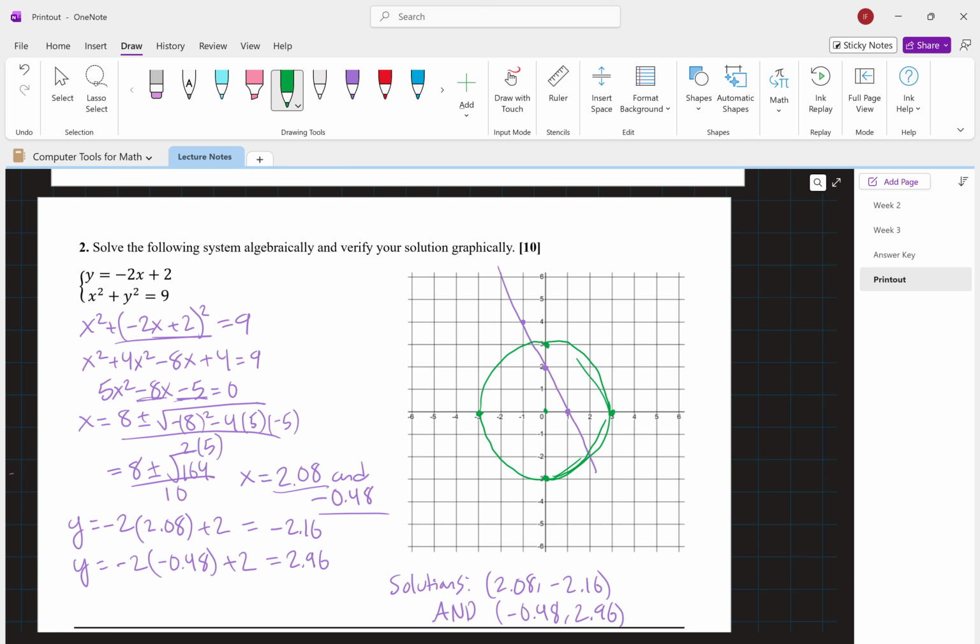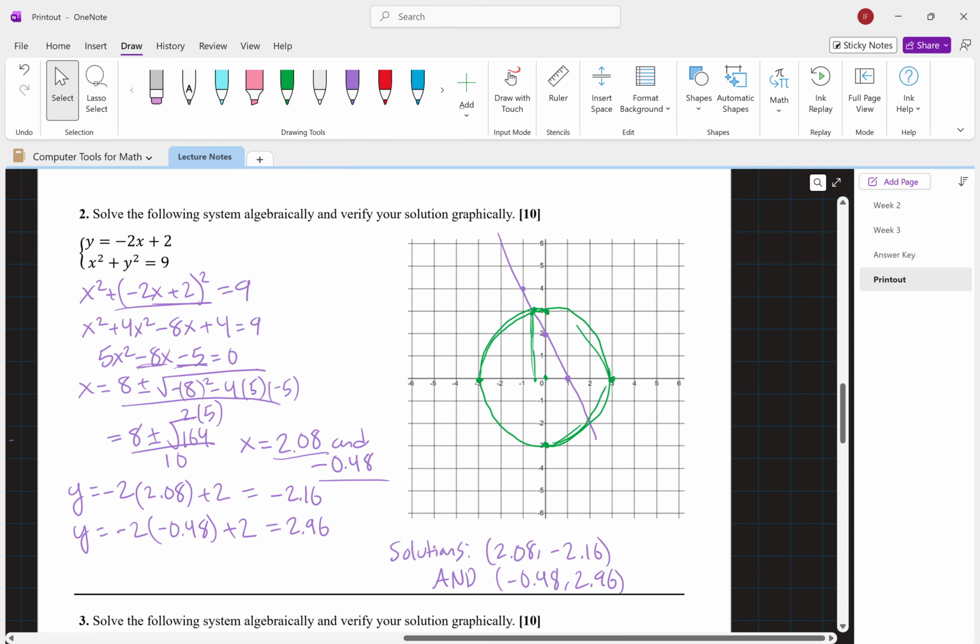something like that, doesn't have to be perfect, we can see that we have a solution at approximately negative 0.48 and, well, should be 2.96 here. So that one makes sense.